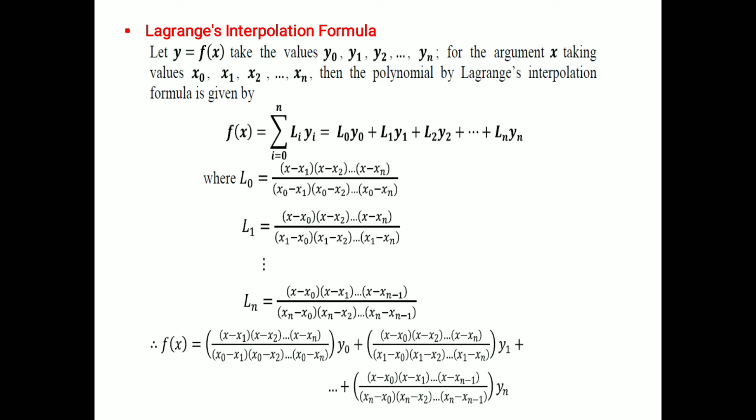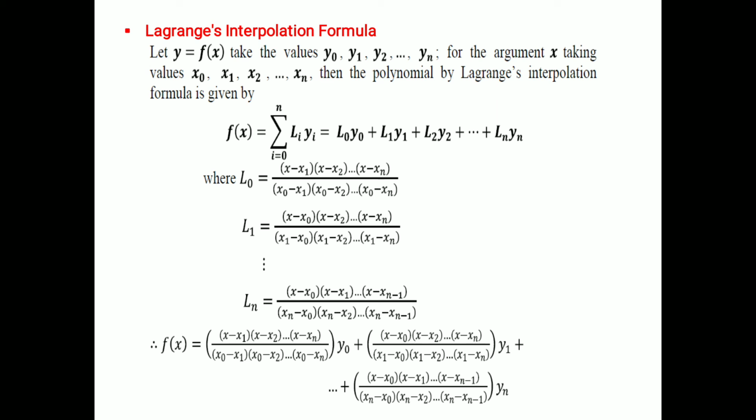In the value of L0, we skip the difference between x and x0 and take the differences of all the other given data points of x, subtracting these values from x in the numerator. In the denominator, we likewise skip the difference between x0 and x0, so we take the differences between x0 and all other values of x, that is x1, x2 up to xn. So we can write (x0 minus x1)(x0 minus x2) up to (x0 minus xn).